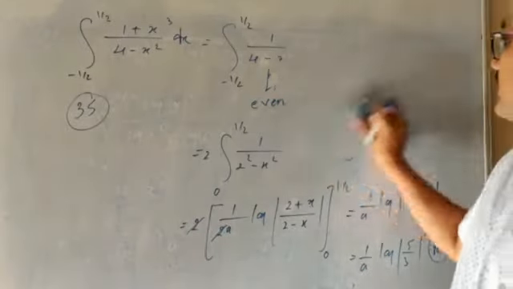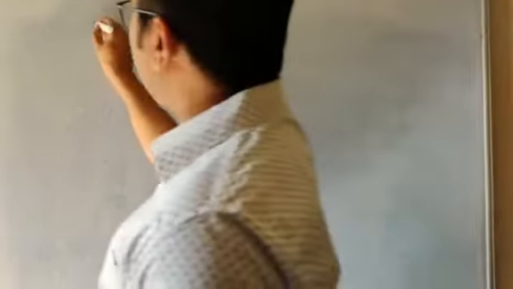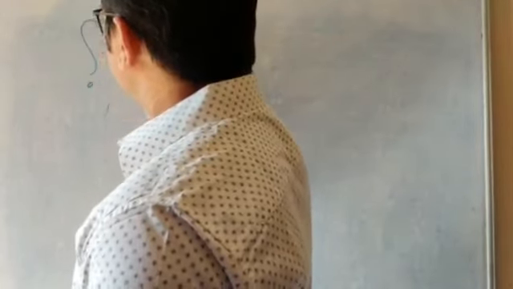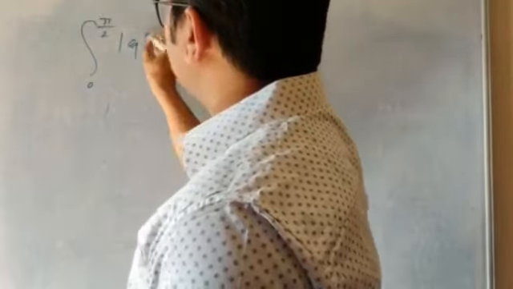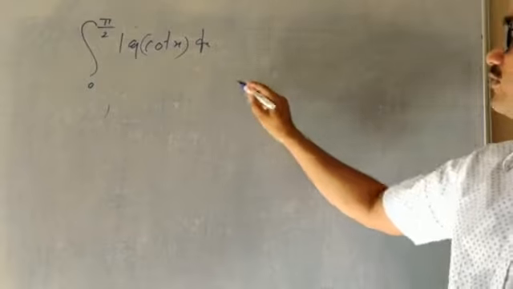And the next one. The question is integration from 0 to pi by 2 of log of cot x. Fine. This answer should be 0. We discussed in the beginning what log of cot x is.